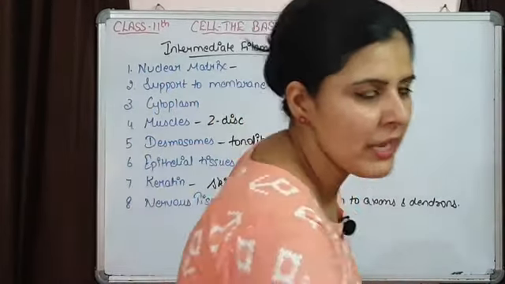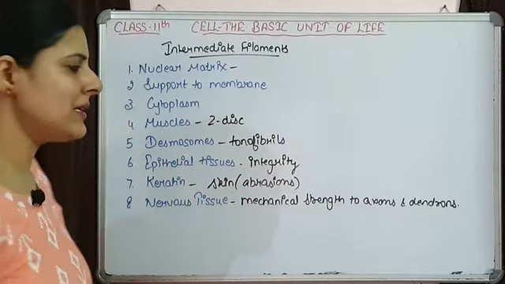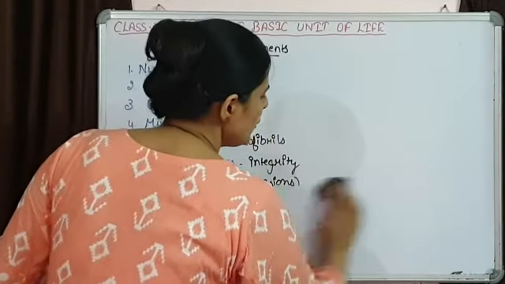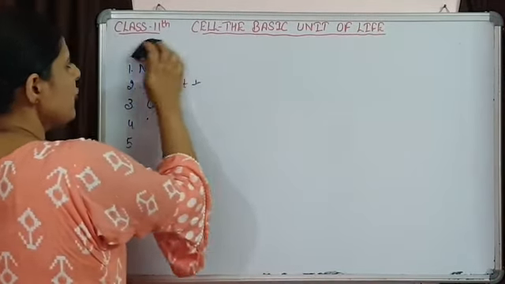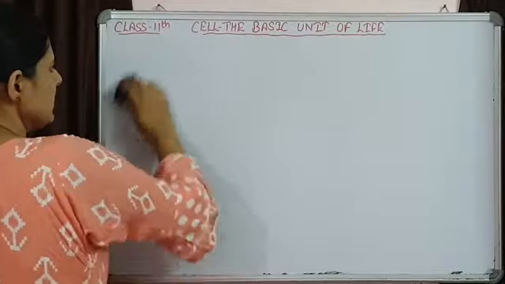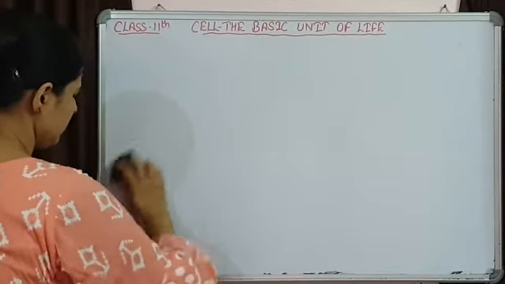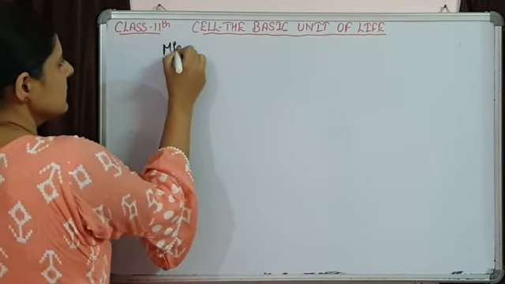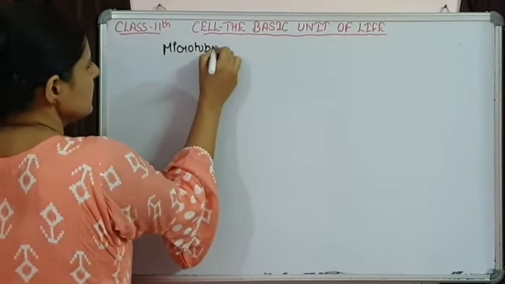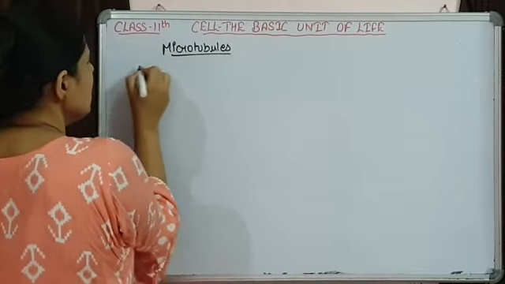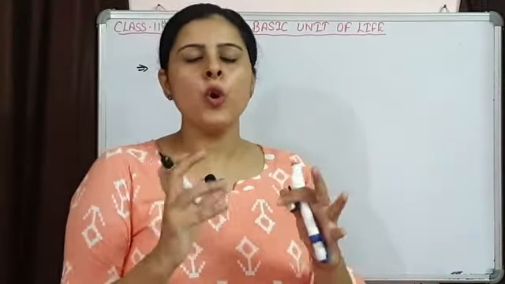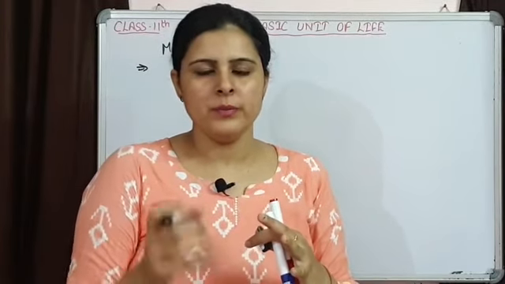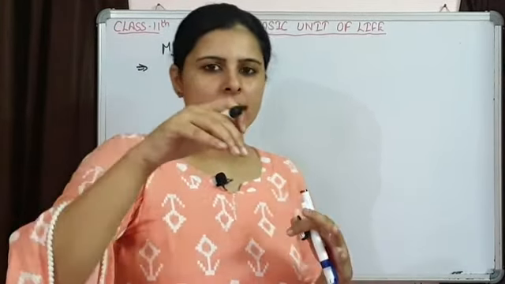Now last we are left with the last type of tubular structure that is known as microtubule. So let's discuss the structure and function of microtubules. These microtubules are unbranched and hollow tubular structures. In the middle there is a hollow structure, nothing is there.